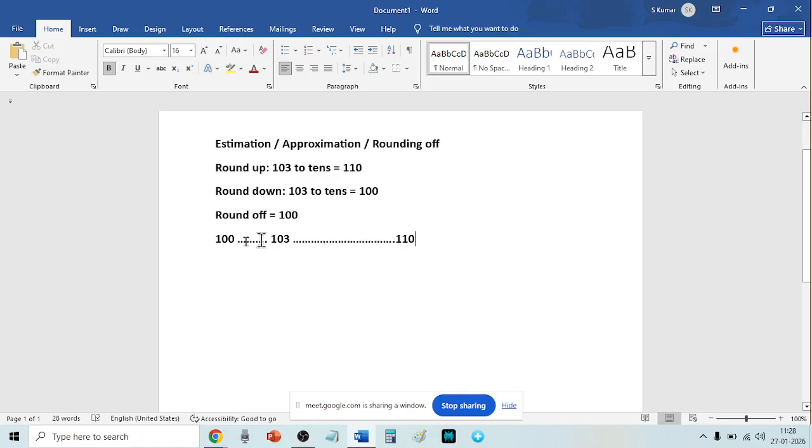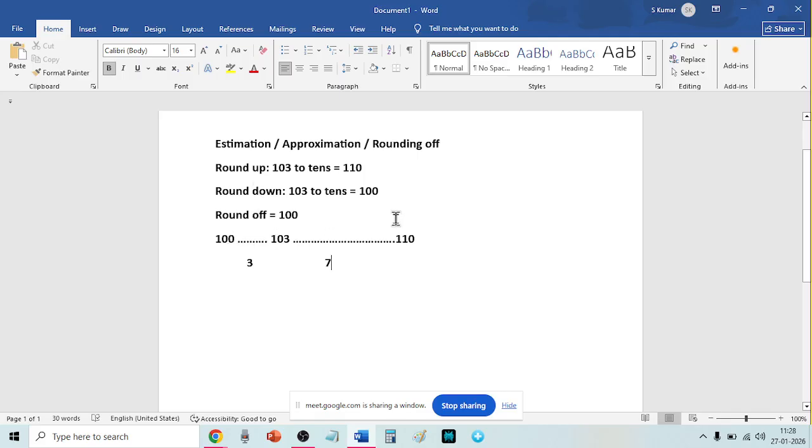You will take the smaller gap, whichever is nearer. 103 is nearer to 100, the difference is only 3, and from 110 the difference is 7. So you will take the smaller difference, that is round off.